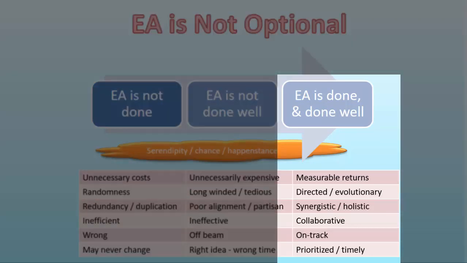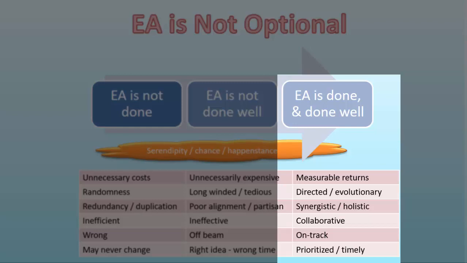When you do enterprise architecture really well, there are very clear, measurable returns. The evolution of the architecture is something that is proactive and directed. You look at issues holistically. You look at synergies that you can gain by leveraging architecture components across the whole enterprise.